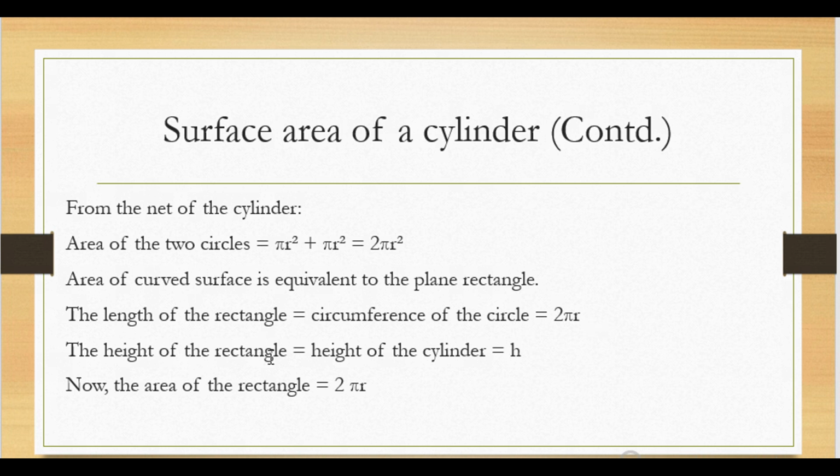Now the height of the rectangle equals the height of the cylinder, which is given as h. We know that the area of the rectangle is length times height. So this is my length, which we have here, times my height, the height of the rectangle.